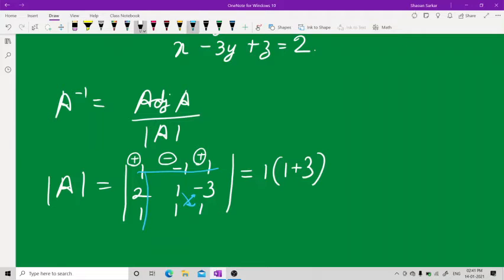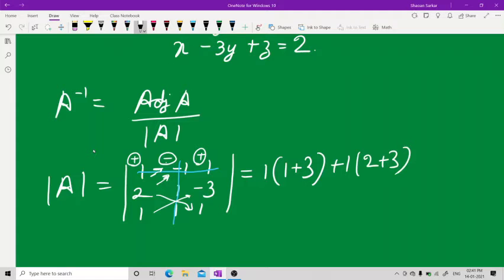Now you hide the second column. Now minus into minus, this minus and this minus, will give you plus 1, and then you have 2 into 1, 2 ones are 2, and plus 3.